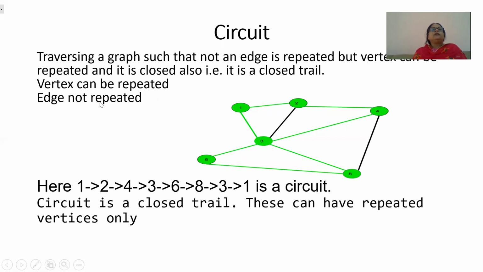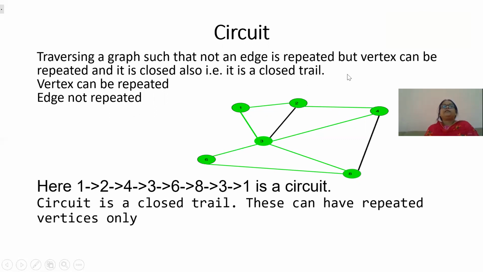Circuit. Traversing a graph like that, if edges are not repeated, vertices can repeat.